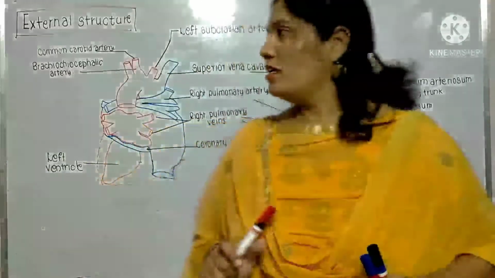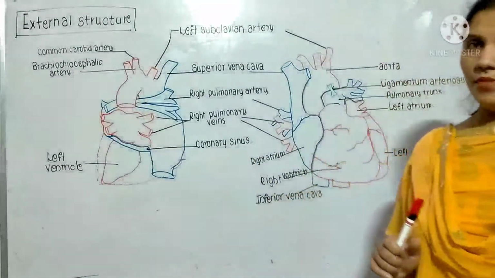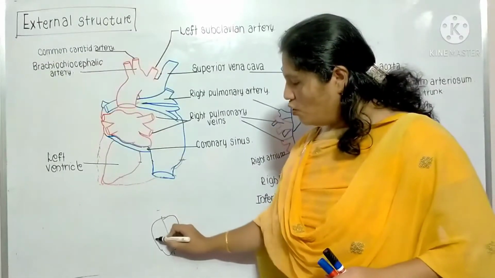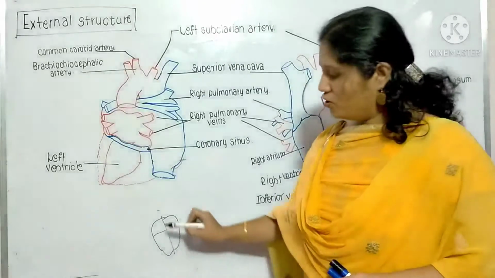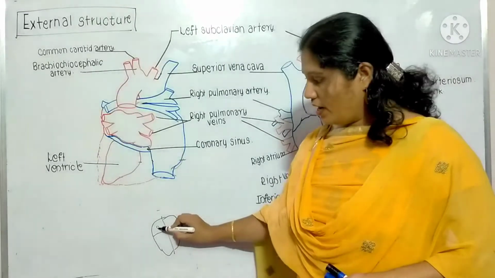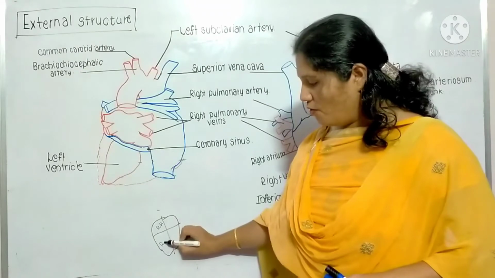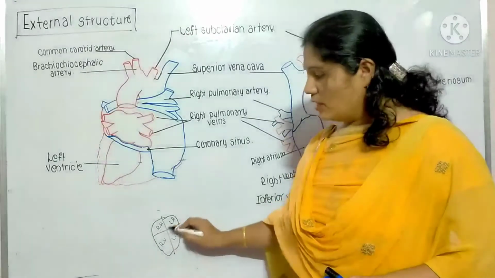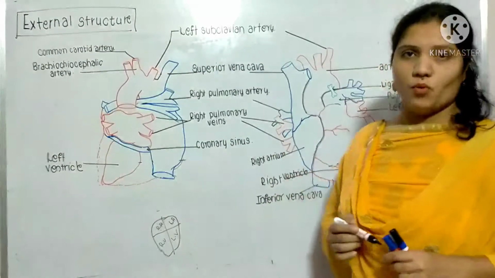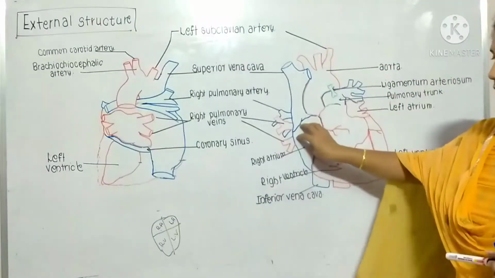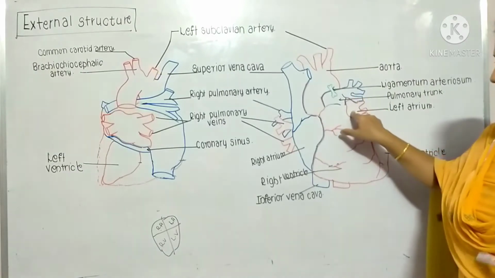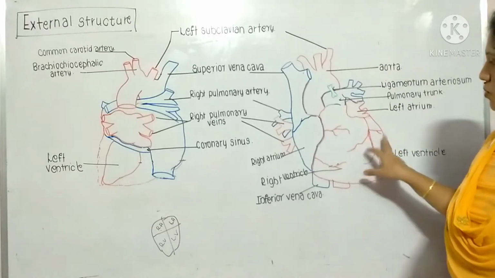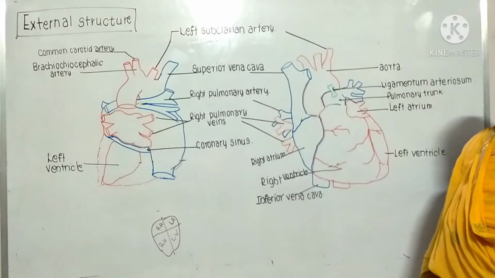This human heart gets divided into four parts, as I have already explained in a few lectures: the right atrium, right ventricle, left atrium and left ventricle. Now let's see these four parts.